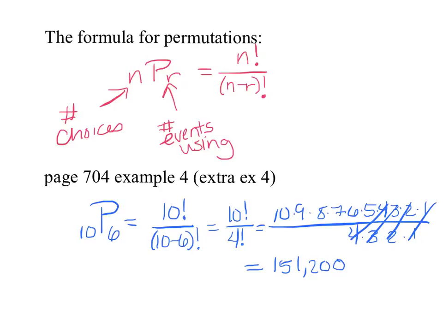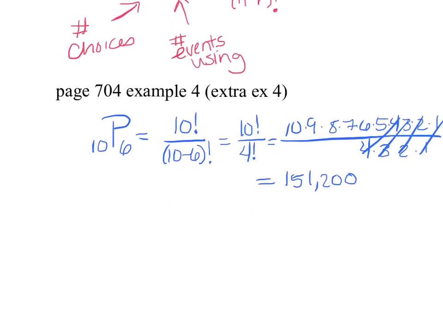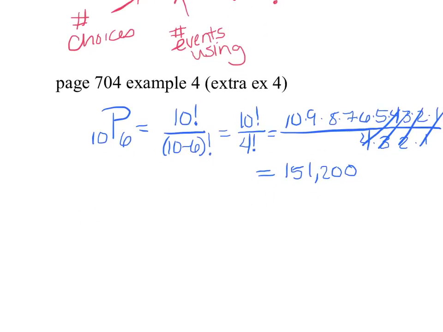Okay? And then in the very second part of this, it talks about how many ways can you visit 10 of the colleges. And so, if I'm visiting all 10 of them, then I have 10 permute 10.